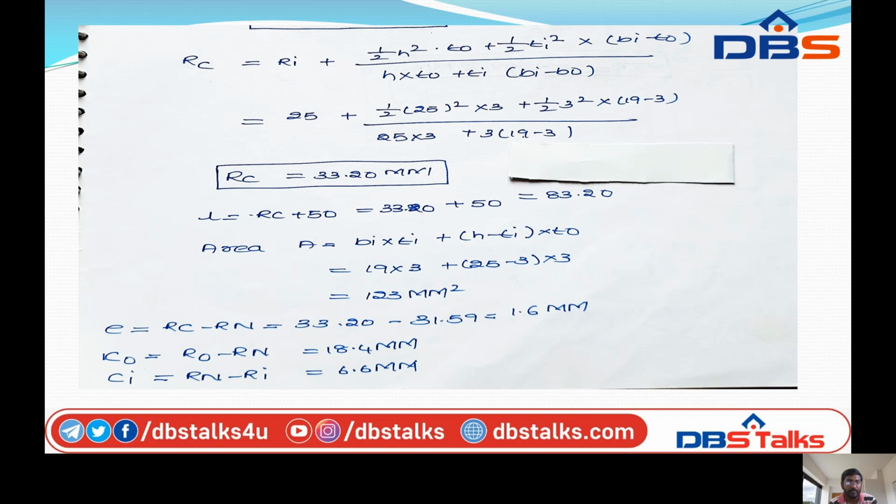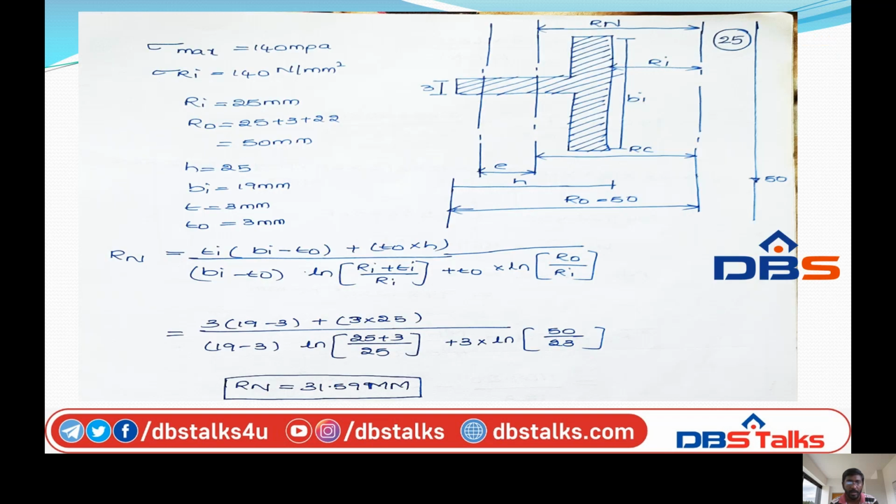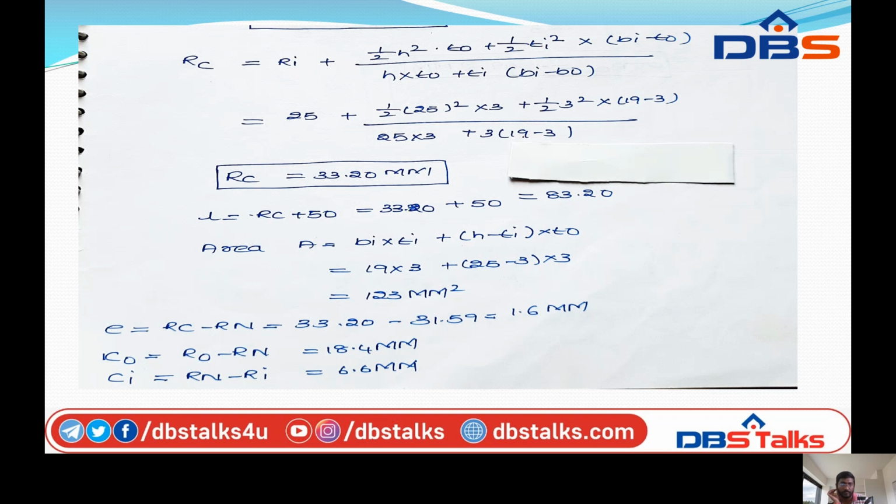Next we can calculate small e, the distance between neutral axis and centroidal axis, Rc minus Rn, that is equal to 33.20 minus 31.59, which is 1.6 mm. Next we can calculate C naught, the distance between neutral axis to outer fiber, R naught minus Rn. That is equal to 50 minus Rn, which is 18.4 mm.